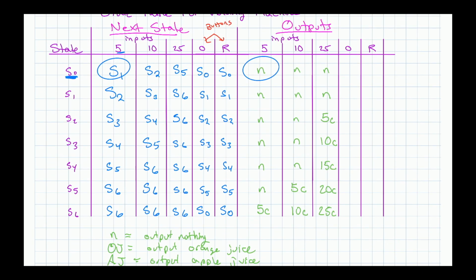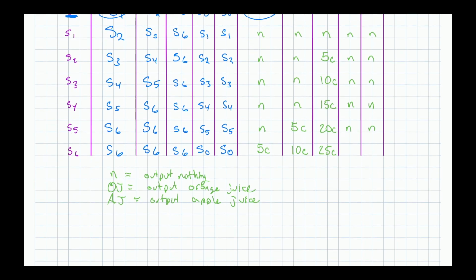All right, now let's look at the output. So the output for the buttons, when you press the button, is going to be nothing most of the time, right? We talked about that. You press the orange button, nothing happens. You press the red button, nothing happens because you didn't have enough money in. Not enough money, not enough money, not enough money. 25 cents, not enough money. But you get to the end, and the last row is where you had 30 cents.